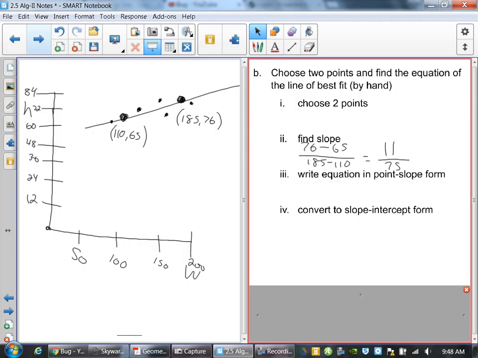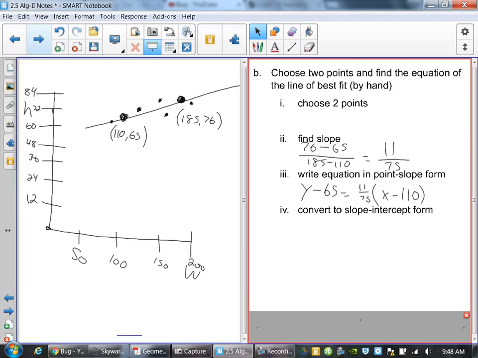When you substitute in the point slope form, then you're going to get y minus. First of all, does it matter which of the 2 points you choose when you're working with point slope form? No. So we'll just use the first one. This equation is awful.